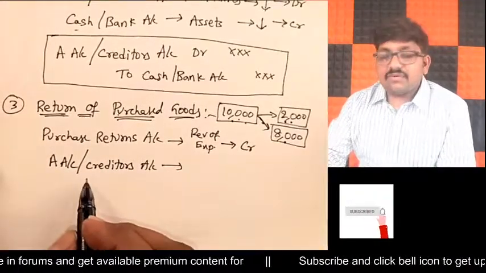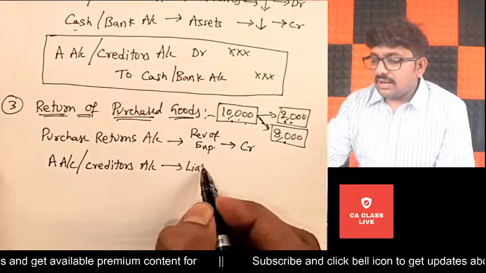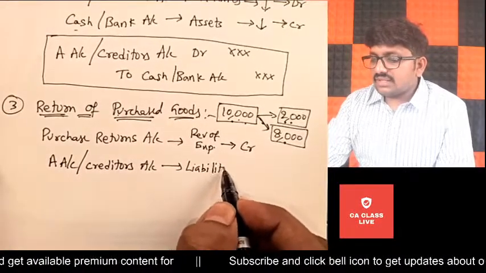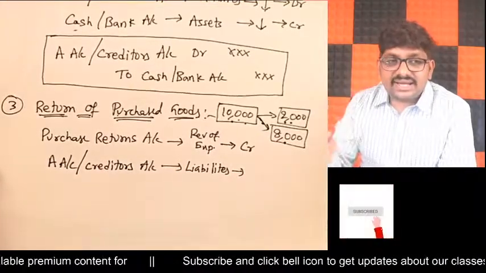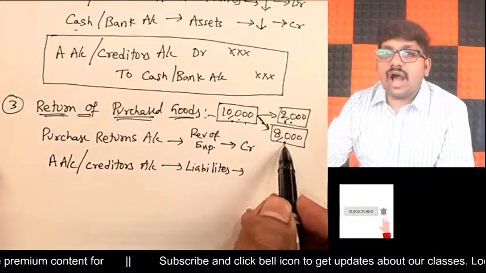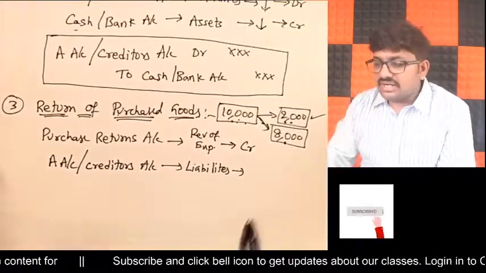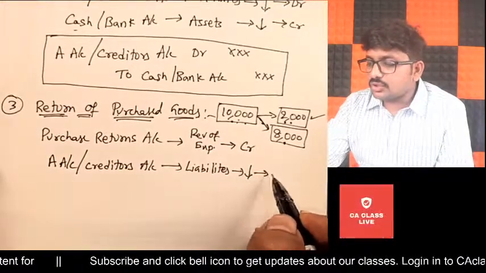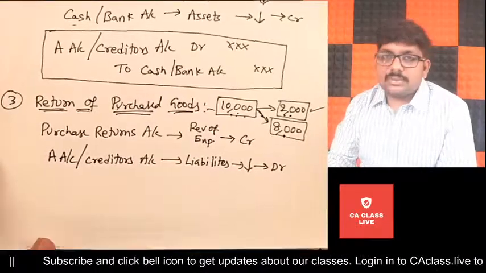And now whenever A account or creditors account is affected, this is a part of liabilities. In this example, your liabilities are decreasing from 10,000 to 8,000 after you give 2,000 rupees worth of goods back. Liabilities decrease, so what you should do? Debit. So what will be the journal entry in this case?